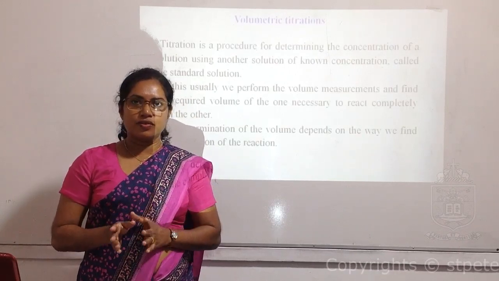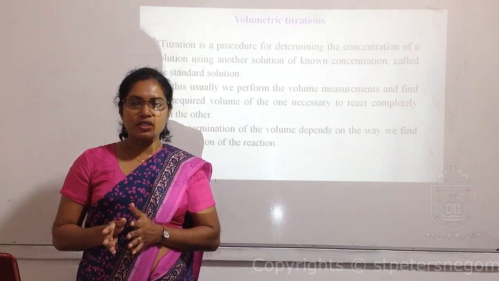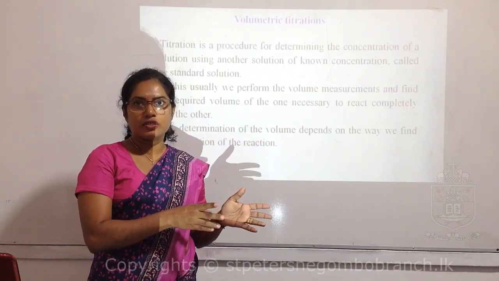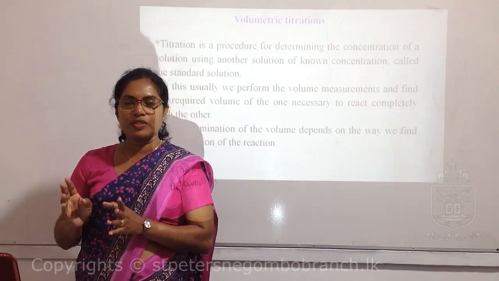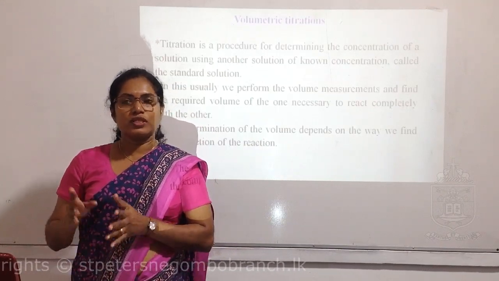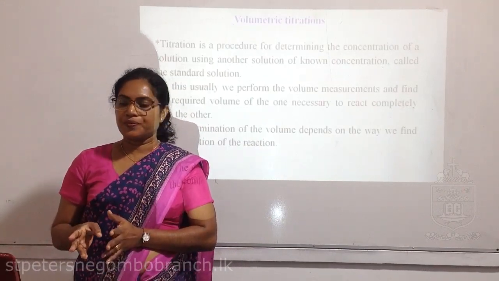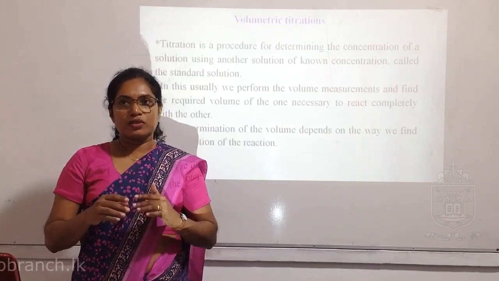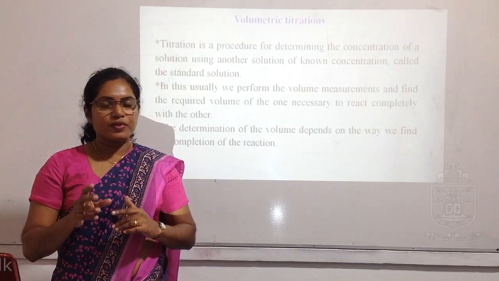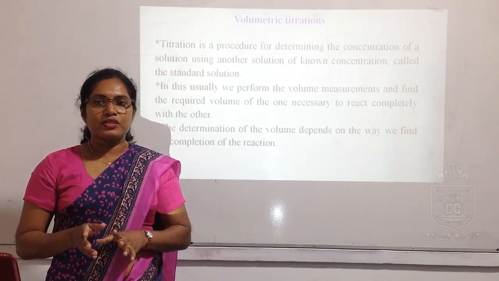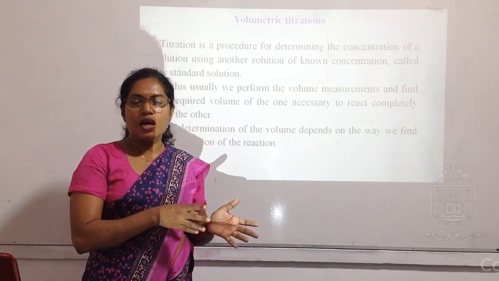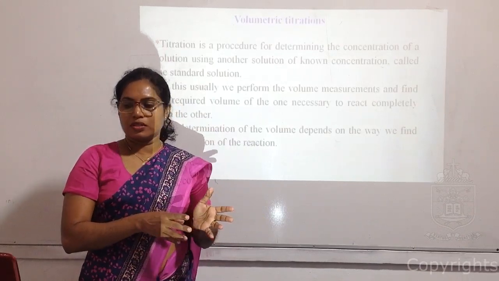For that, we use two solutions: one whose concentration we know, and the other whose concentration we have to determine. And we measure the volume of the solution that completely reacts with the other solution.